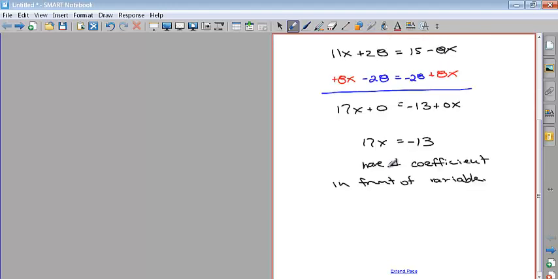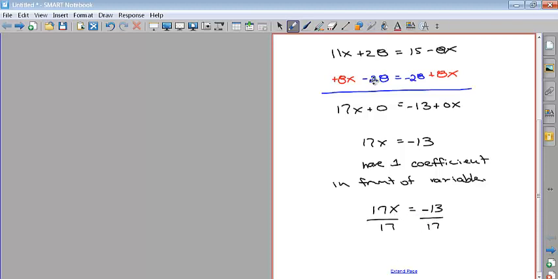I mean, it could be another variable besides x, so that's why I just say the front of the variable. So you do that by using the multiplicativity, that's a word, isn't it? Multiplication equality property. It says if you multiply or divide by the same number, then the equality remains the same.